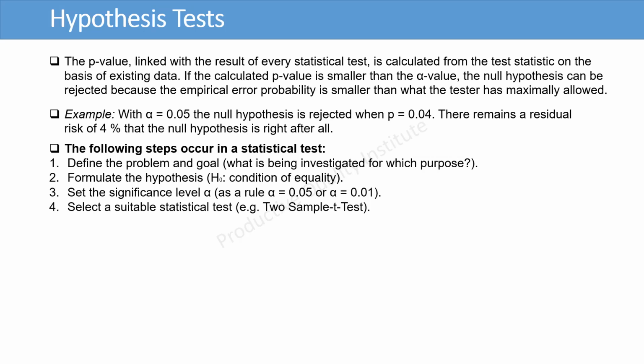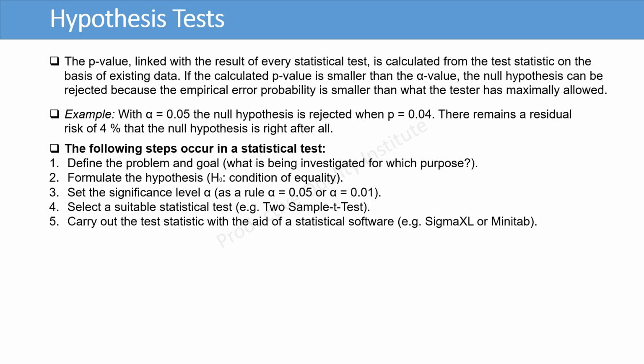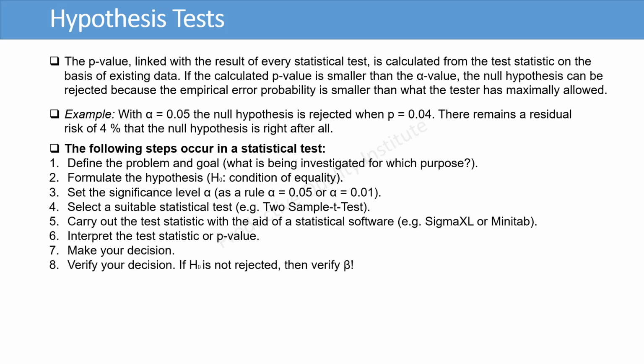Select a suitable statistical test, for example, two-sample t-test. Carry out the test statistic with the aid of statistical software, for example, SigmaXL or Minitab. Interpret the test statistic, or p-value. Make your decision. Verify your decision. If H0 is not rejected, then verify beta.